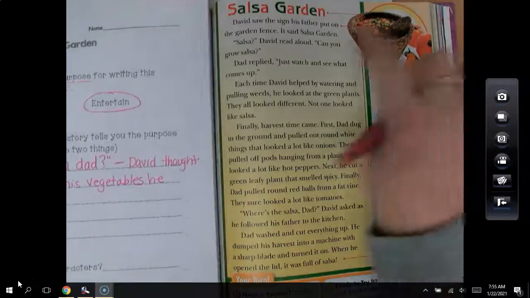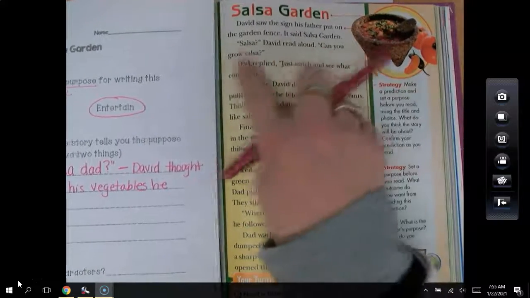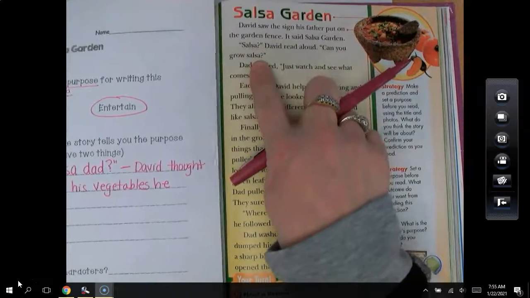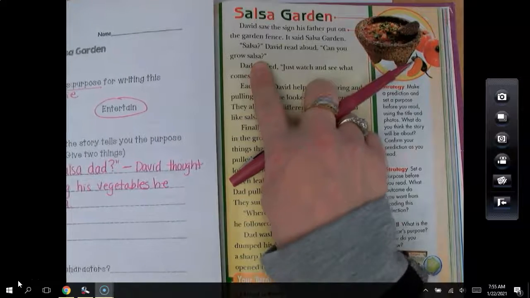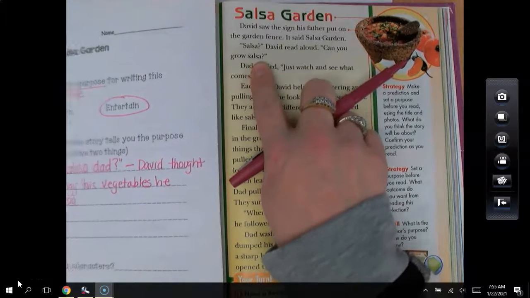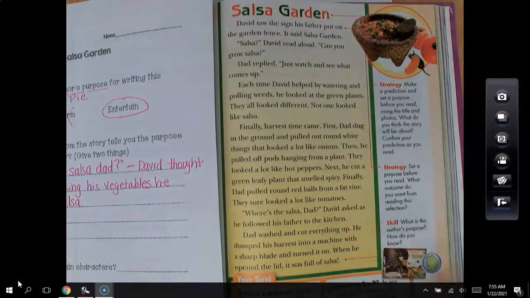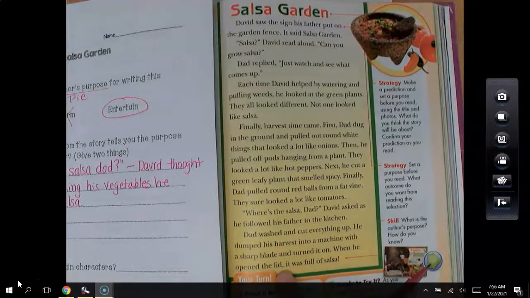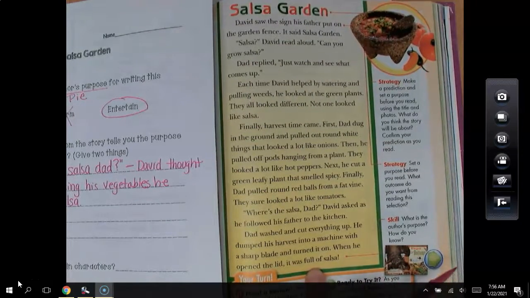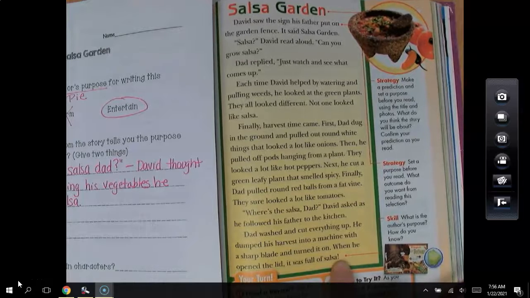You could have something like, can you grow salsa? Well, the boy didn't know. Can you grow salsa? So that could be another piece of evidence. Or, I thought, when he opened the lid, it was full of salsa. And I see that's an exclamation point.